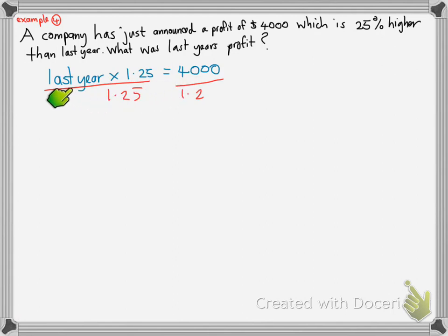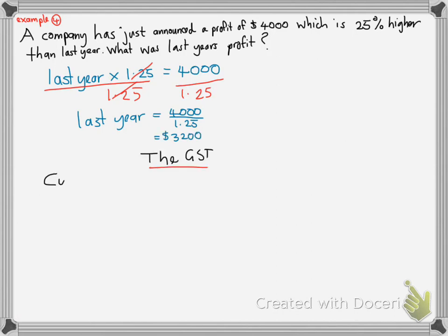Now, to find out what last year's profit is, we have an equation here. So we can divide both sides by 1.25, and in that way we'll find that last year's profit is equal to $3,200.